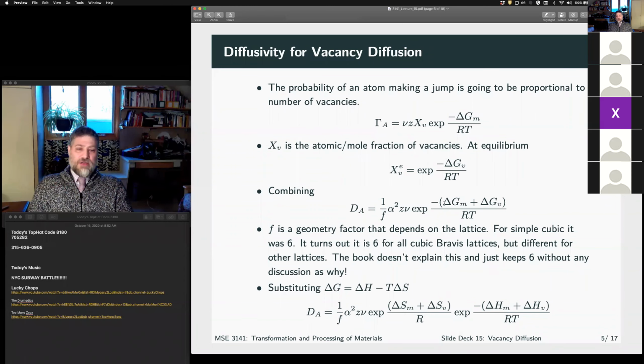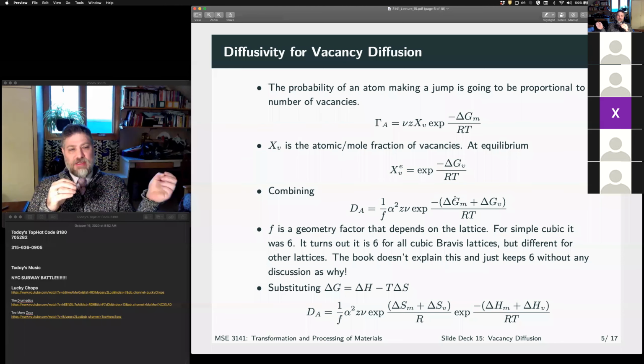So remember what goes into this delta G of migration. That's essentially the lattice distortion that you have to do to move an atom from one place to another. When you hop an atom, you don't have a nice clear path. You have to move some other atoms out of the way to be able to get in there. Plus, the Gibbs free energy associated with vacancy formation.